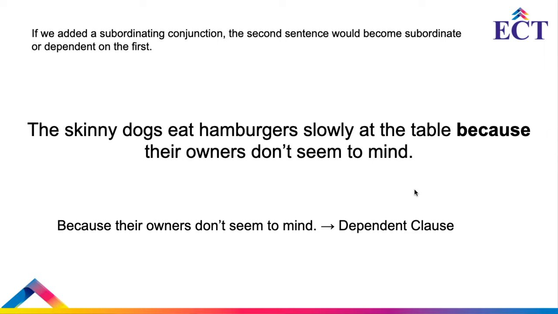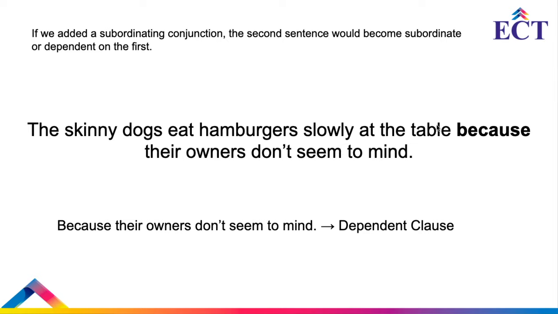Then, if we add a subordinating conjunction, the second sentence would become subordinate or dependent on the first. That is where we discussed subordinating conjunctions. So: the skinny dogs eat hamburgers slowly at the table because their owners don't seem to mind. The moment we say because their owners don't seem to mind, one sentence becomes dependent on the other, right?